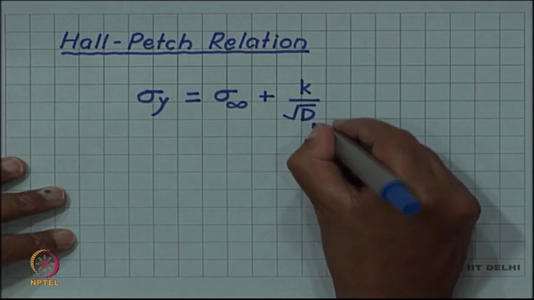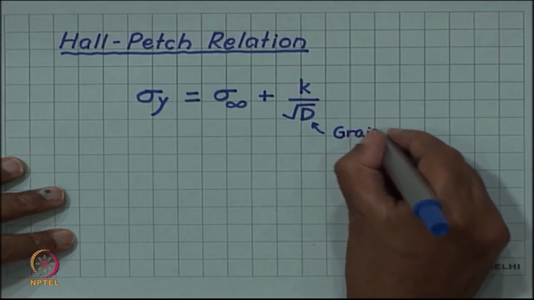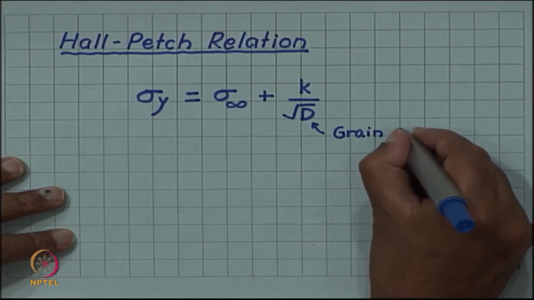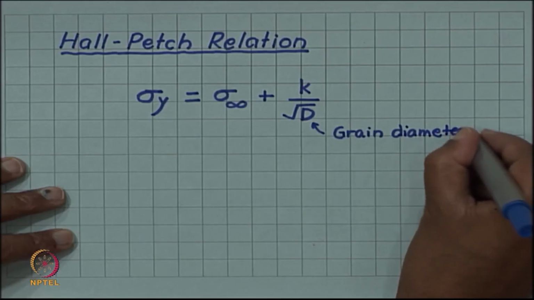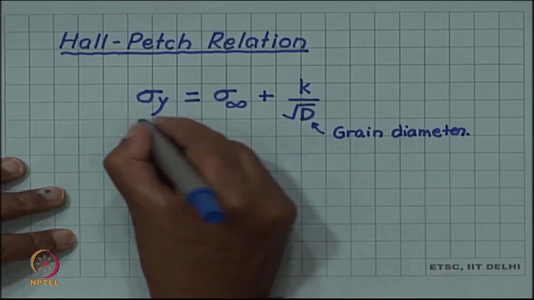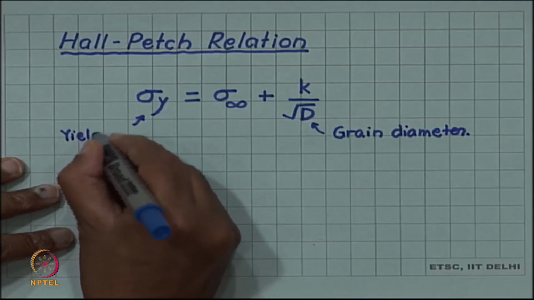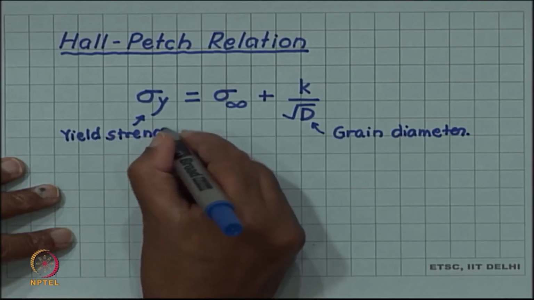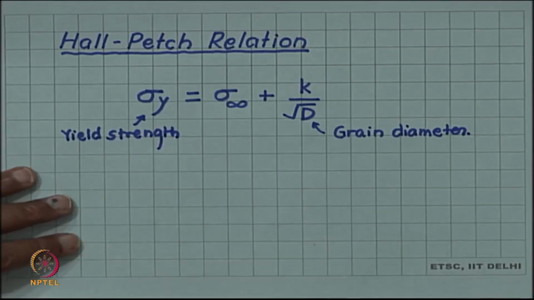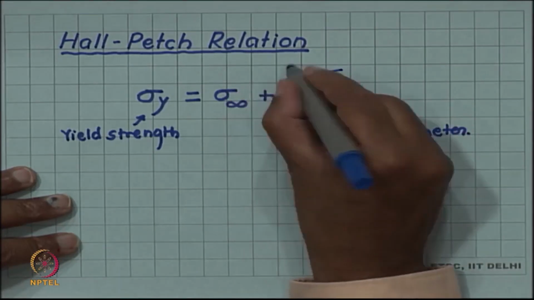So, d is the grain size or grain diameter, and sigma y is the yield strength. Sigma infinity and k are constants.